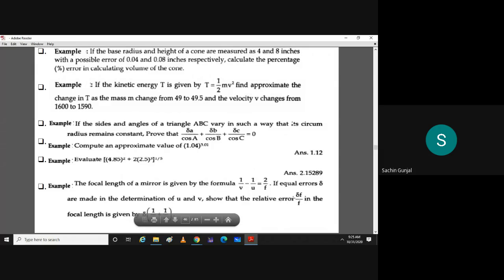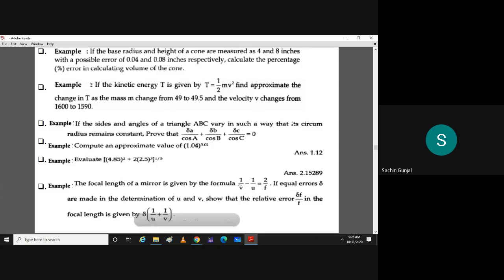What you have to show is relative error df by f is delta into 1 by u plus 1 by v. I told you that for time being you take delta as 1 or 2 percent. Sir, applying log will help. We can take minus of the log and take the f, u, and v in the numerator, and then we can differentiate.